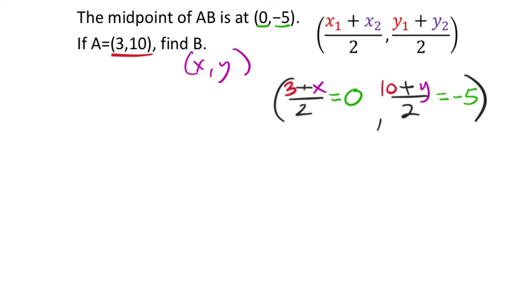All right, now I'm just going to solve these like I would a regular equation. So I'd multiply both sides by 2 on both of them. That'd give me 3 plus x equals 0, because the 2s are going to cancel out. And then I'd have 10 plus y equals negative 5 times 2, which is negative 10.